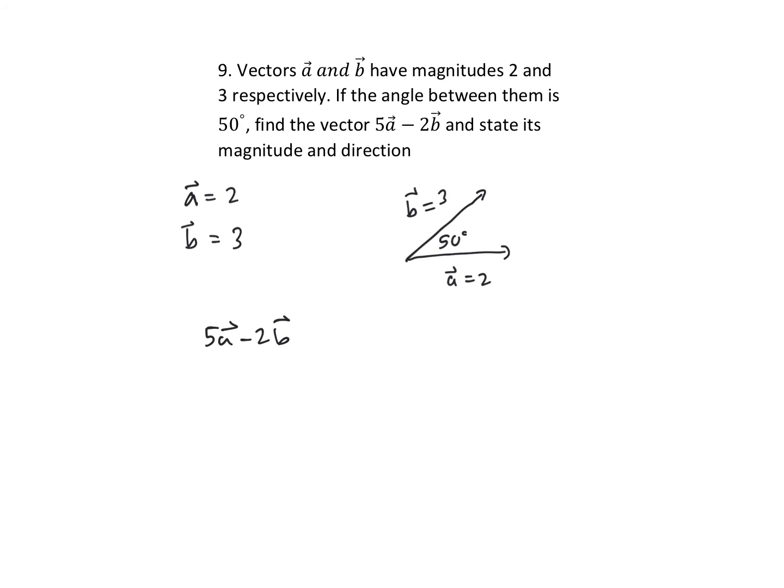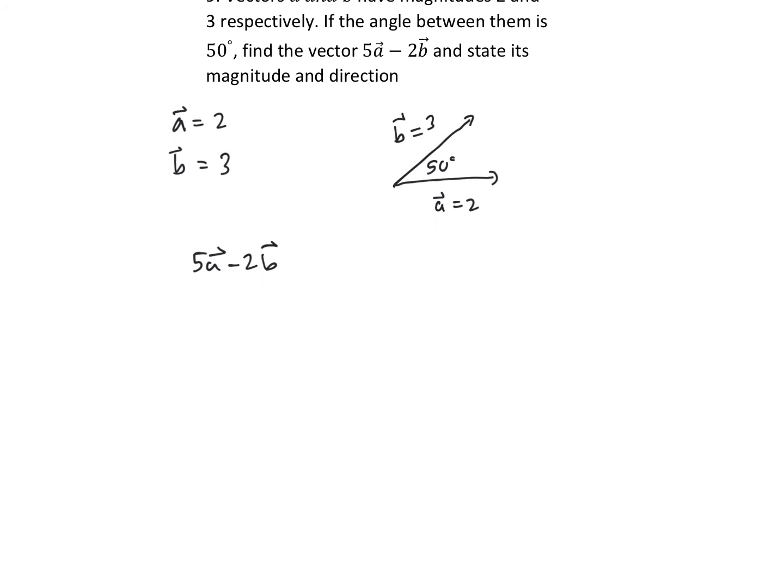So that means I have some scalar values here. I have to multiply a by 5. So 5a would be 5 times 2, so it would be 10. 2b would be 2 times 3, which would be 6.